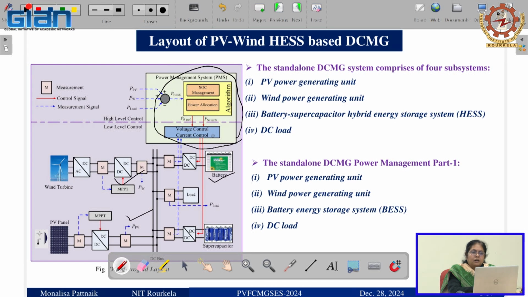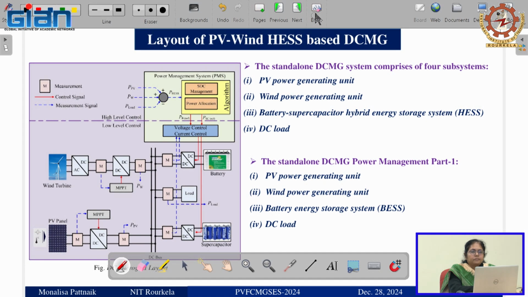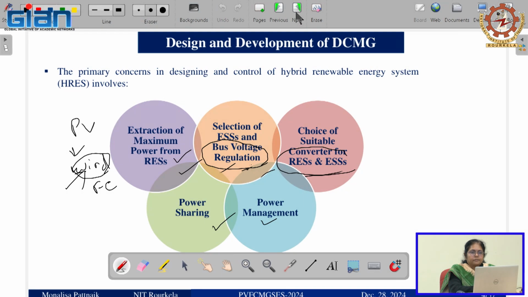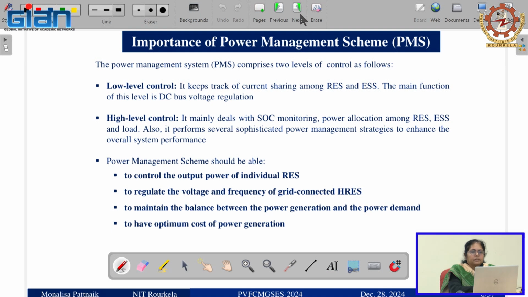In level 1, the lower level of control, I already told you it regulates the DC bus voltage and the charging discharging current of the battery. And in the higher level, we have the renewable energy and the energy storage.